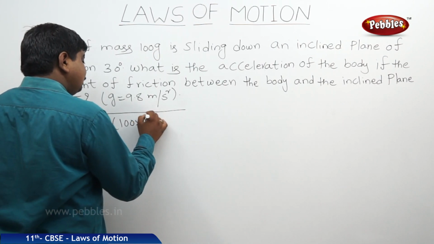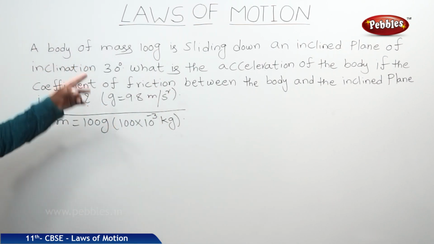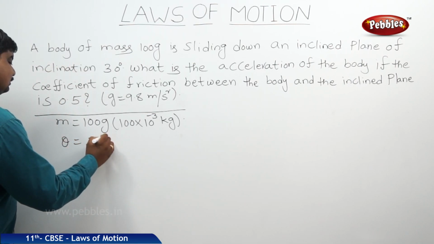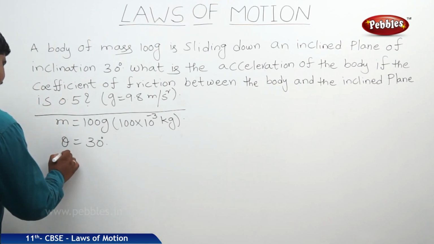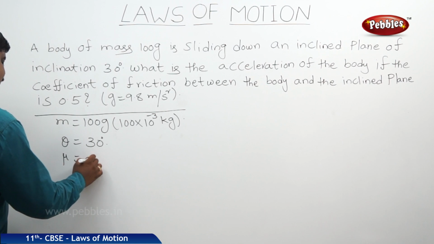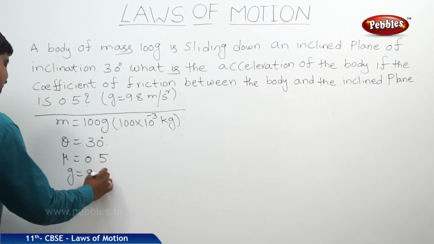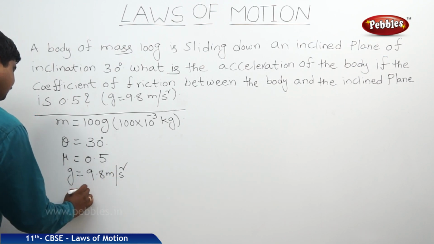Actually, mass is independent to find the acceleration on the inclined plane. So 100 into 10 to the power of minus 3 kg. Angle of inclination theta is equal to 30 degrees. We should find out the acceleration where the coefficient of friction is 0.5 and g is 9.8 meters per second square.